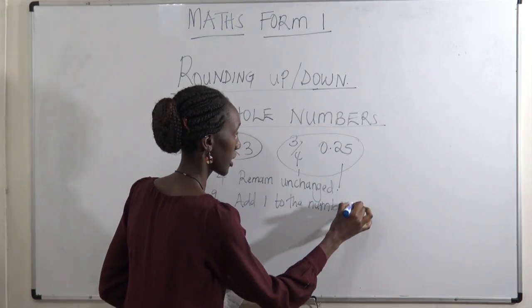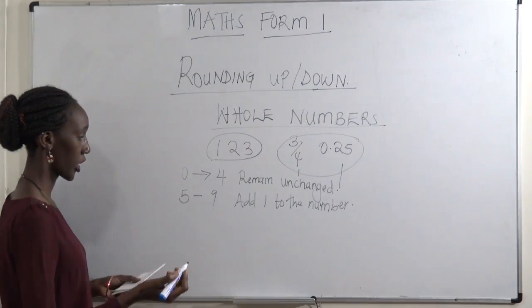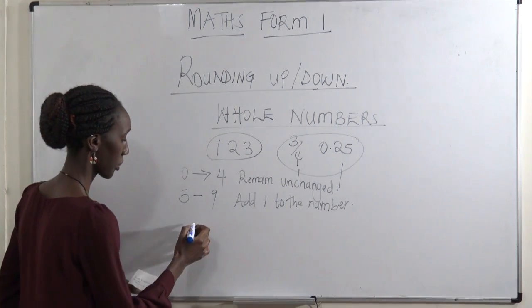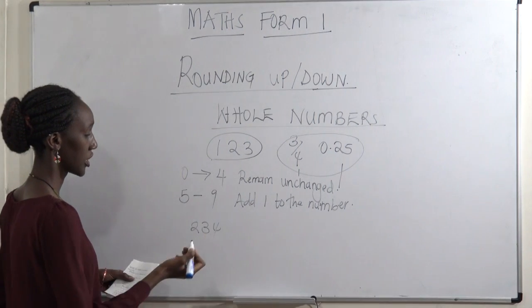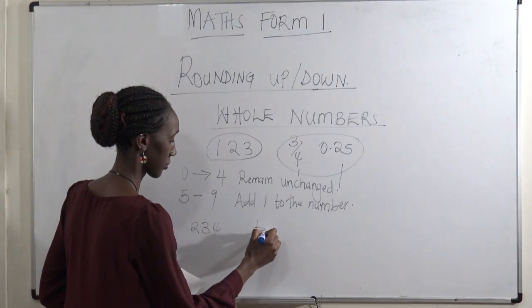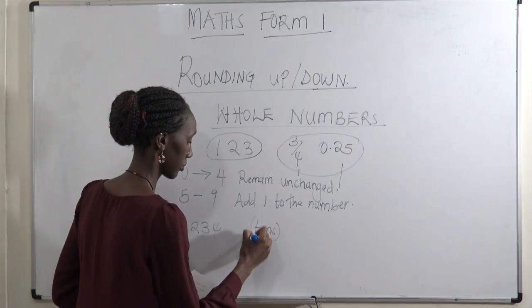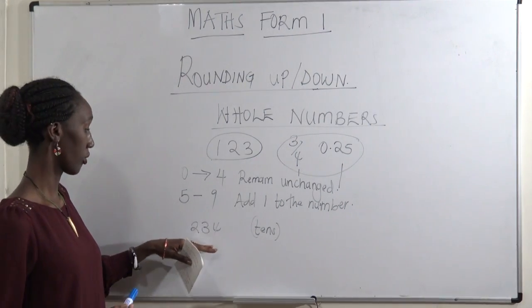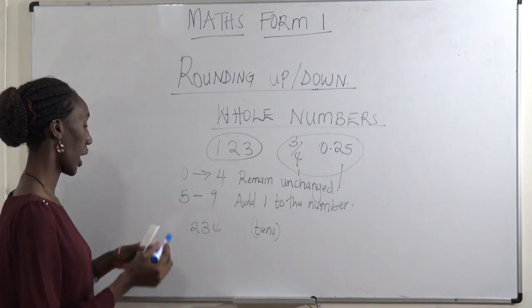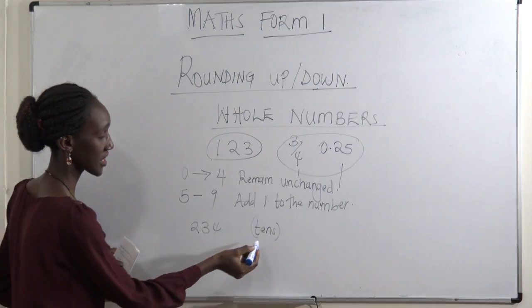So let us look at an example. For example, I'm told to round up 234 to the nearest tens. So how do I go about doing such kind of a sum? We are looking at the tens.